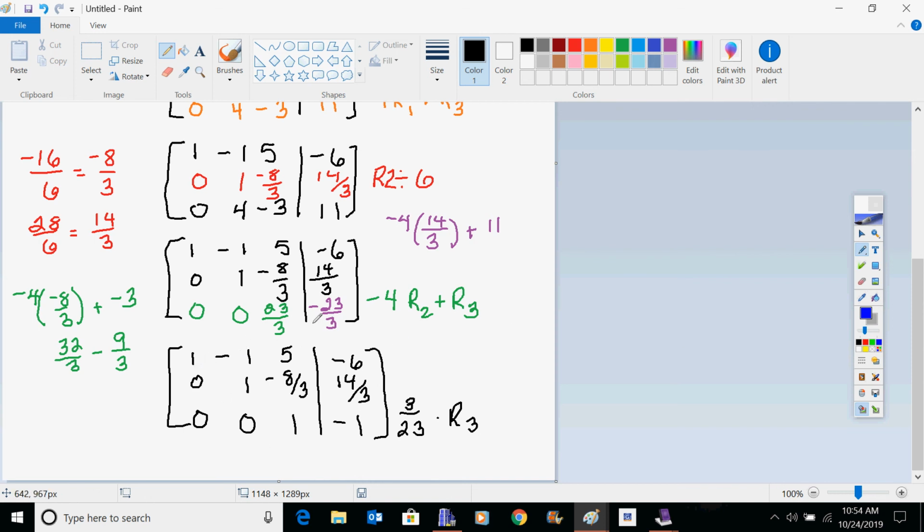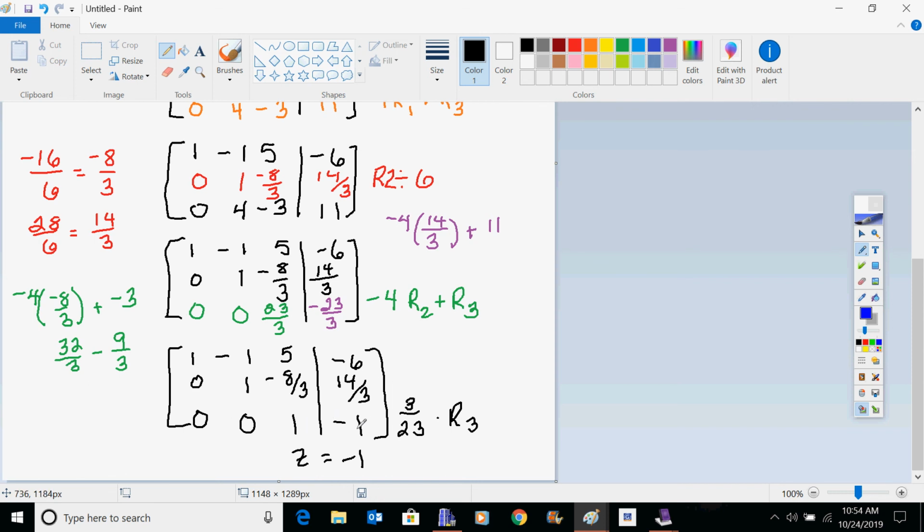So this final row is 0x plus 0y plus 1z equals negative 1. Here's why we did echelon form: this one gives us z right in front of us.